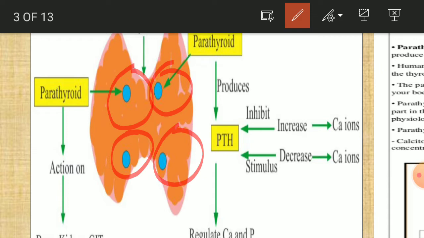So from these 4 parathyroid glands, specifically their chief cells, parathyroid hormone is secreted in our system within the blood. And its half-life is only 10 minutes. And as you know, it is an endocrine substance. So after getting released, this hormone is carried to its specific target organs where it exerts its specific role.